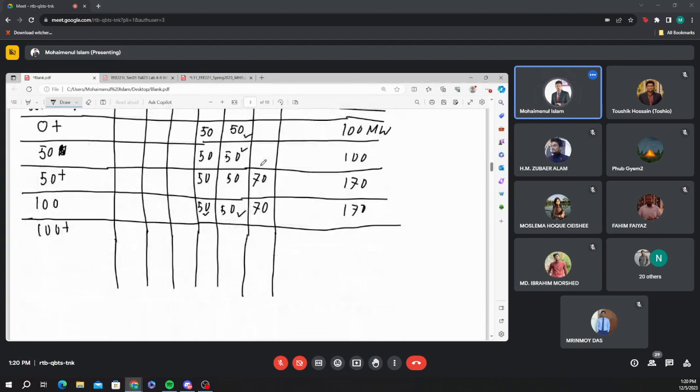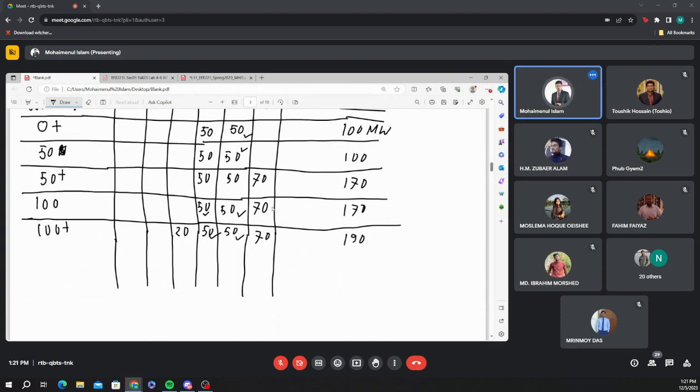You can turn it on. So 1, 2, 3, 4. This is our fourth part. We can turn on the 20. Previously 50, 50, 100 is there, 70 is there. As your demand is rising, you make it 20.